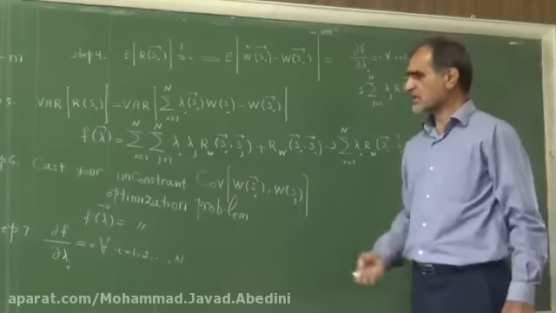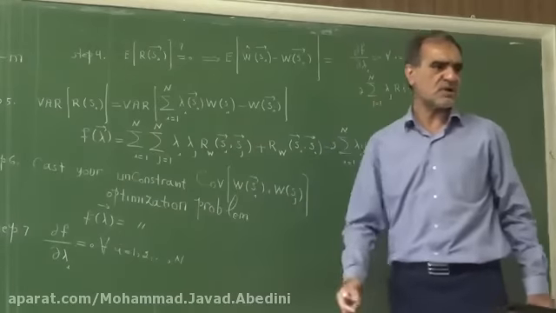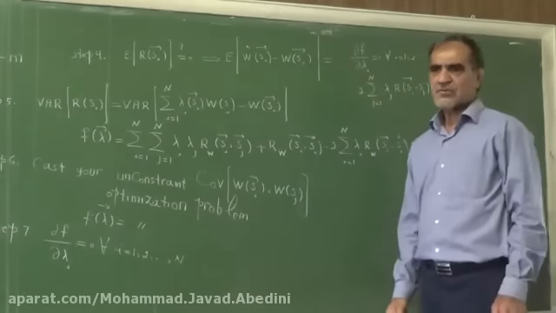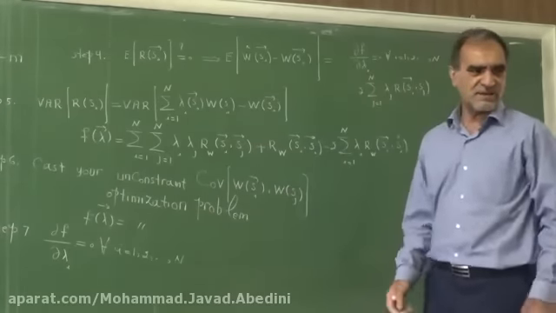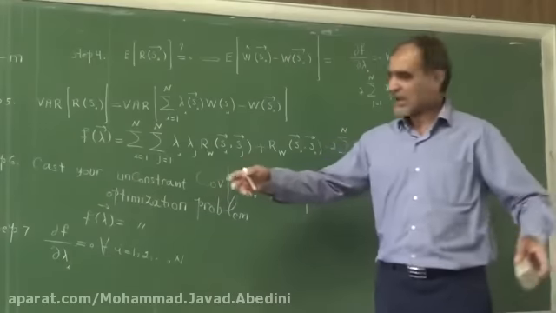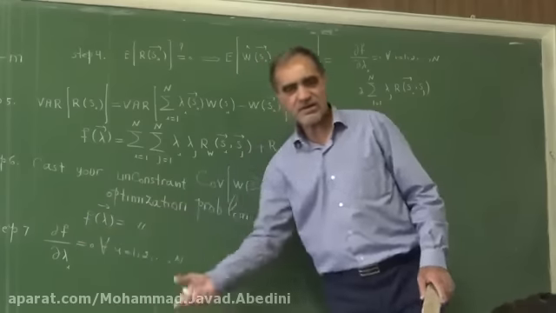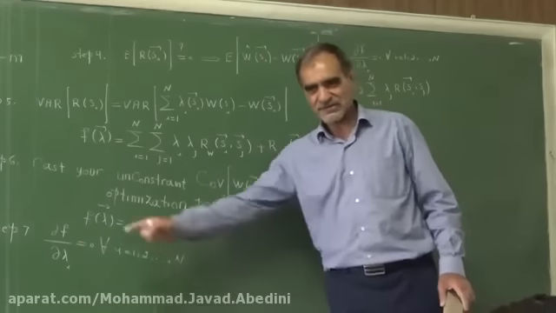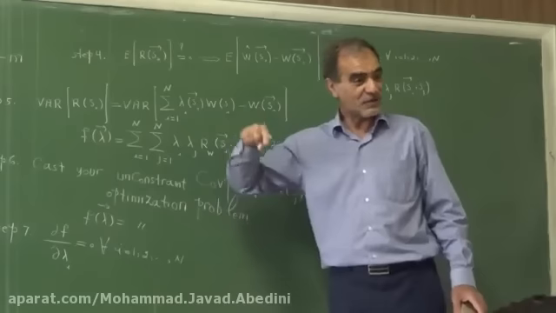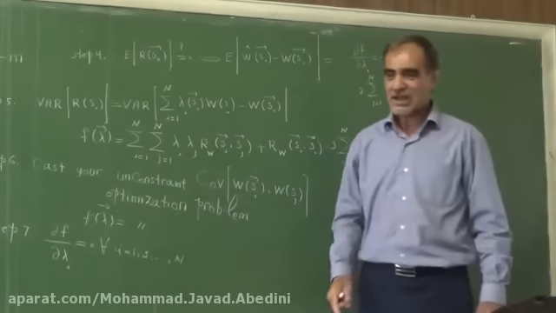That's going to be the partial derivative of the first term with respect to lambda I. If you want to check it yourself, you have to expand it, and then instead of having lambda I, you have to take partial derivative with respect to lambda 1, and then lambda 2, and then lambda 3, and see what will happen.